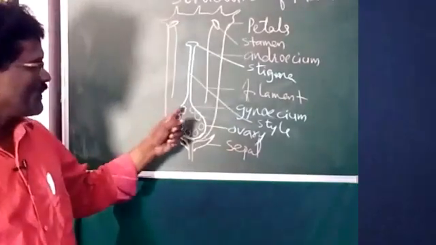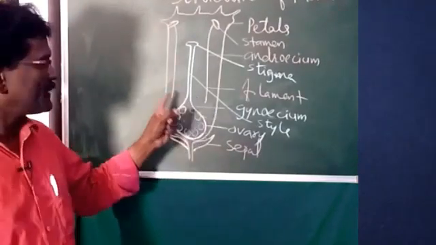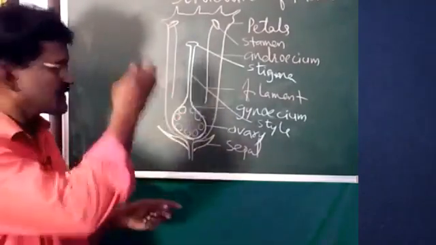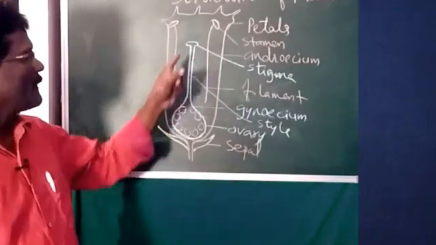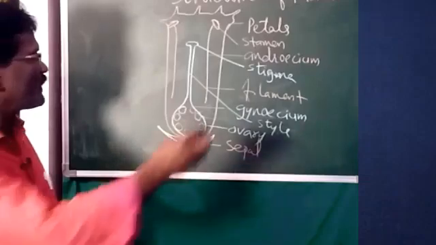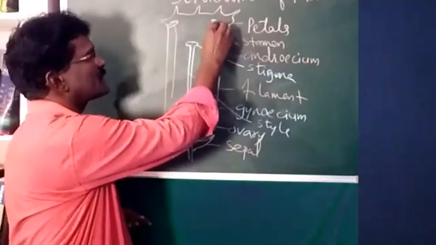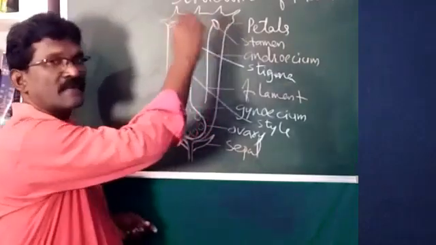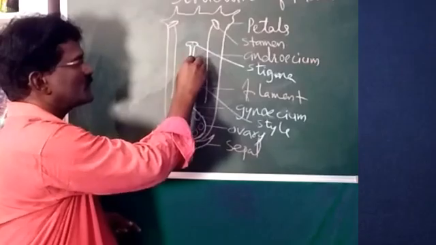Okay. So from every ovule a structure develops. And this is a section. And as I told you, the structure varies. When the pollen grains fall onto this stigma from the stamens, it grows down.